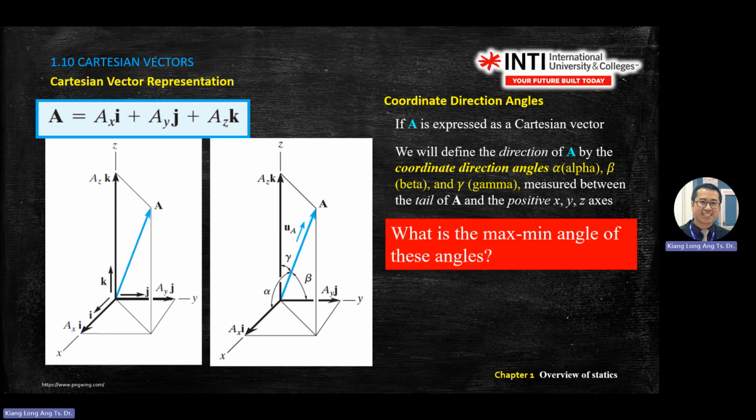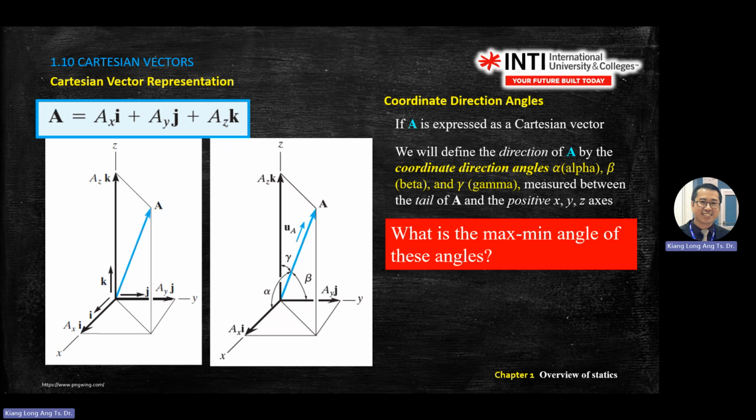Okay. Again, what is the maximum angle of alpha, beta, gamma? What do you think? What is the range? How do you know your answer is correct? You must know the maximum minimum angle. Minimum?